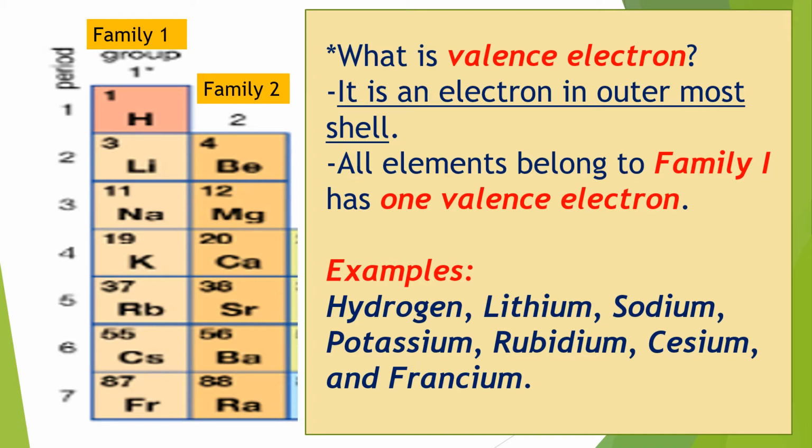Examples of elements having 1 valence electron, or all elements belonging to family 1, are hydrogen, lithium, sodium, potassium, rubidium, cesium, and francium.